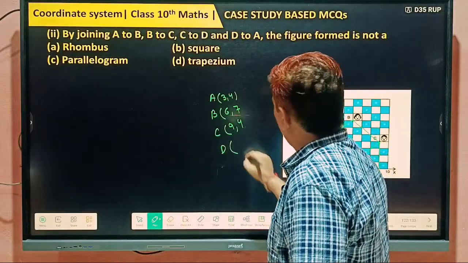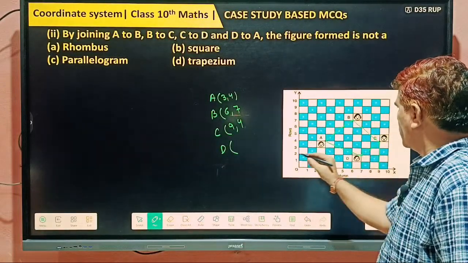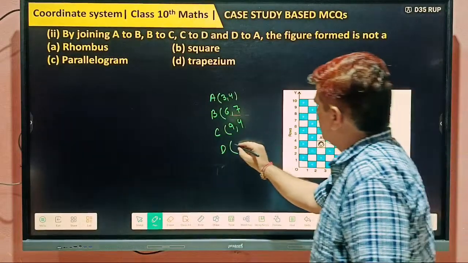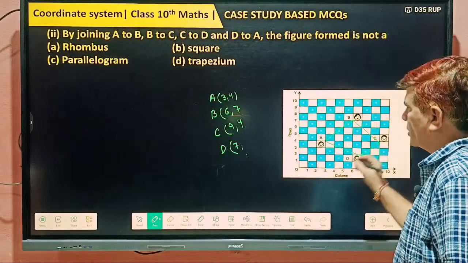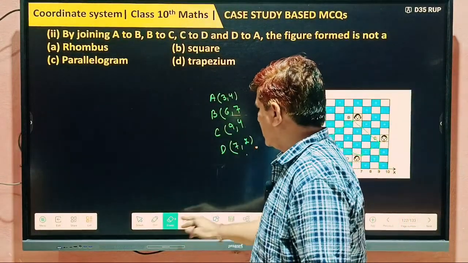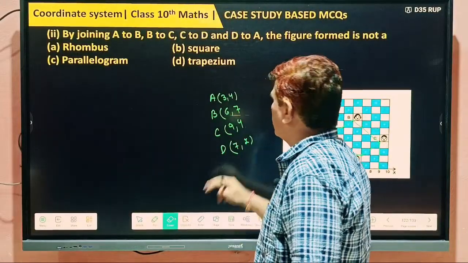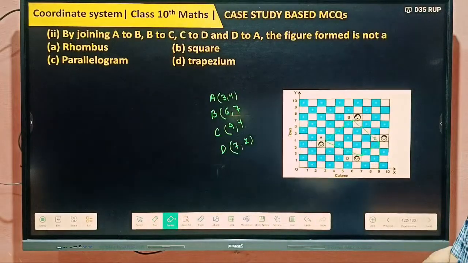And D is this point. How much distance from the y-axis? 7. And how much from x? 2. These are the coordinates of it. We have to tell what we have to tell.